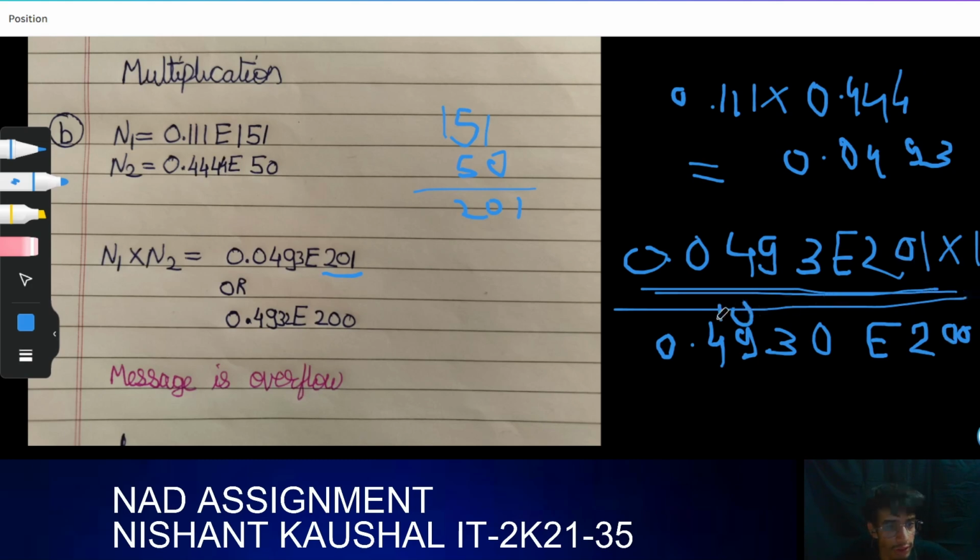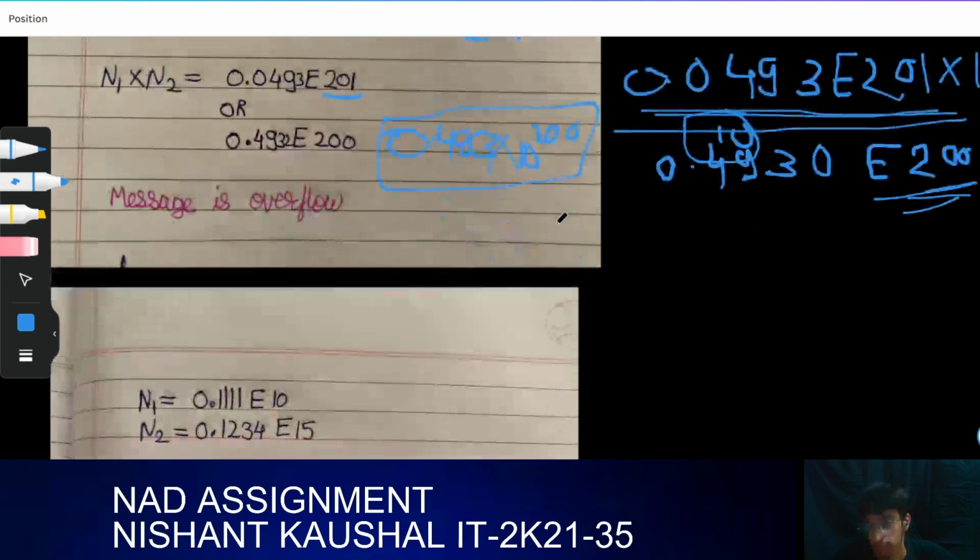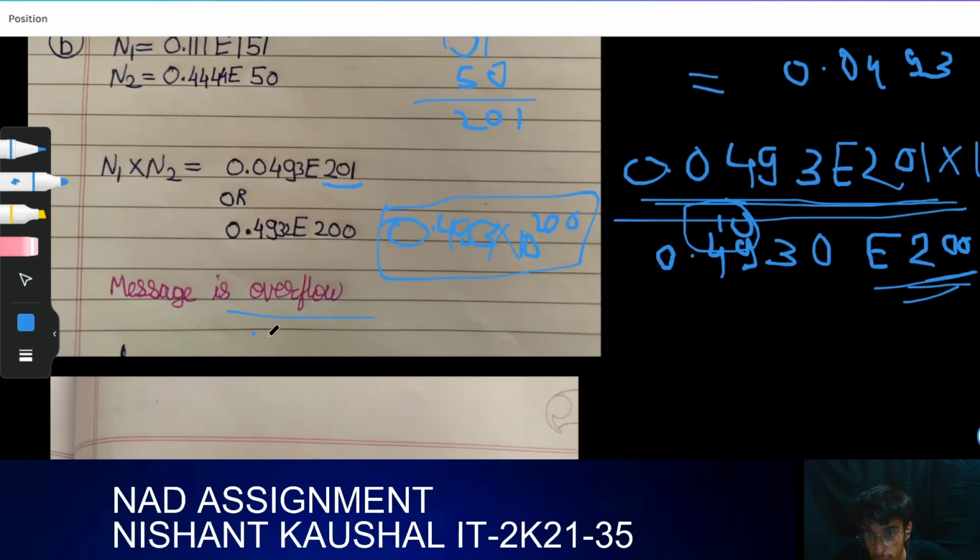So in this case we have subtracted, so the exponential will become 200. Now the message will be overflow, because this data is very big. You could imagine it will be 0.493 into 10 to the power 200, which is a very big number, and our computer can't store this big information in a single register. So the message will be overflow.